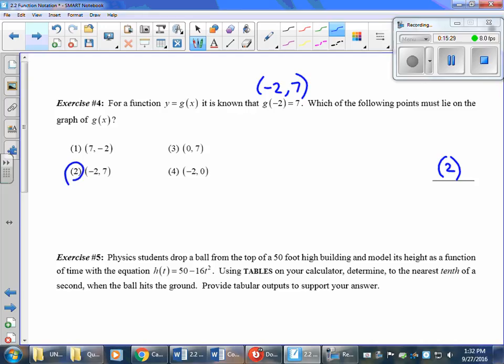So instead of doing this now, I'm going to do it tomorrow when you come back into class because it's requiring us to use tables and change table plots on our calculator, and doing that in front of you would be a whole lot easier than trying to show you right now. So why don't we stop our lesson there? We'll pick up number 5 tomorrow, and have a nice day.